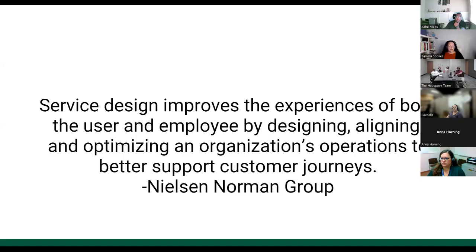One of the things I wanted to show you here is that the Nielsen Norman Group is looking at both sides of it. Service design improves the experience of both the user and the employee by designing, aligning, and optimizing an organization's operations to better support customer journeys.